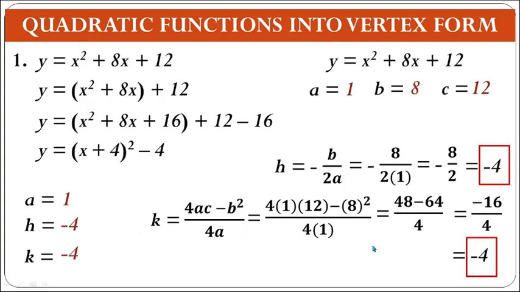So it's up to you which one you are more prepared to use in finding the vertex. You can use the completing the square method, or you can also substitute the values of a, b, c.